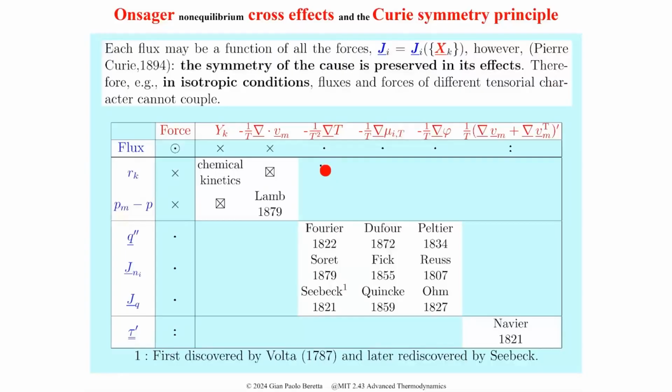In particular, if you have an isotropic fluid or continuum, the Curie principle forbids the cross effects between phenomena of different tensorial character.